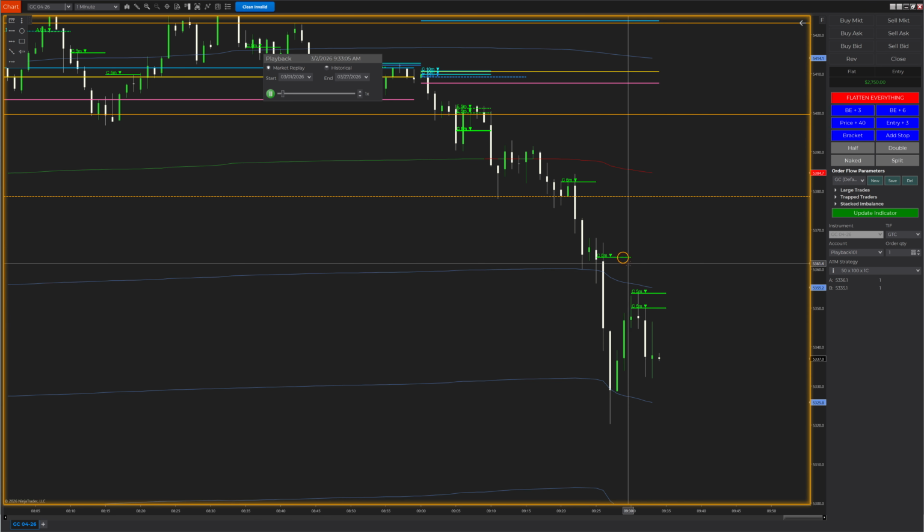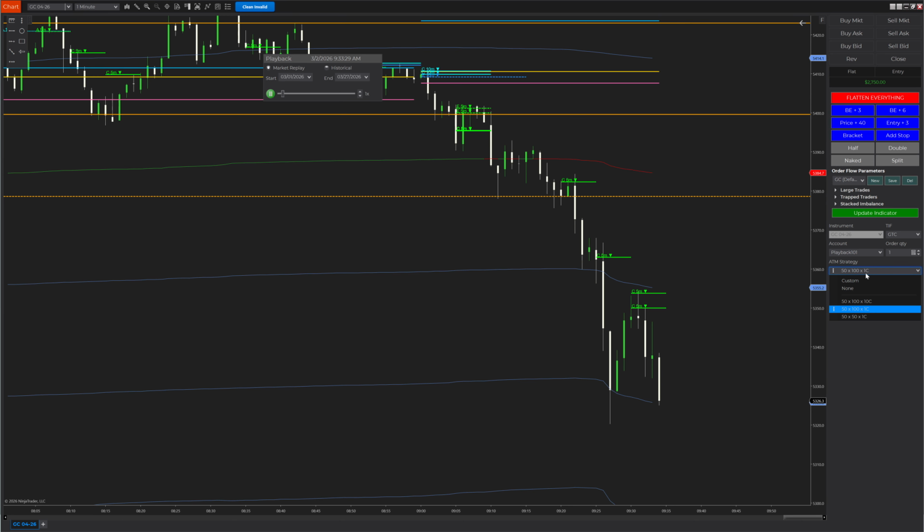The purpose of this trading strategy for me, though, is that I can keep that ratio tighter. So I need to try to get to a reward to risk ratio of 2 to 1, which is how you see my ATM strategy set to 50-100.